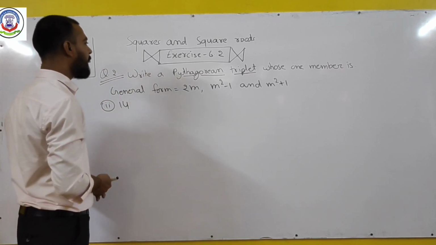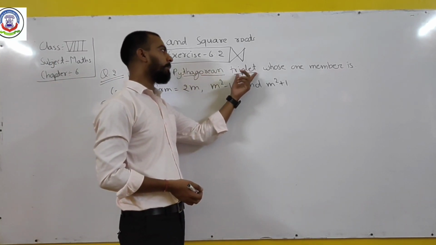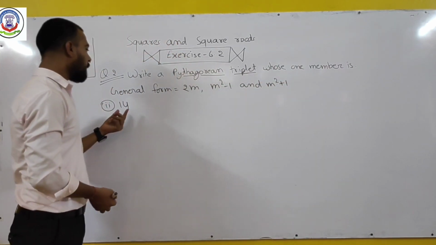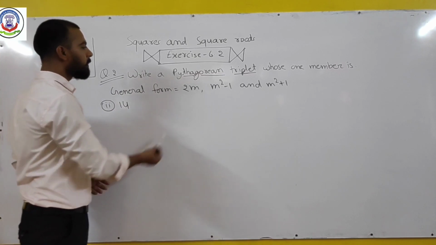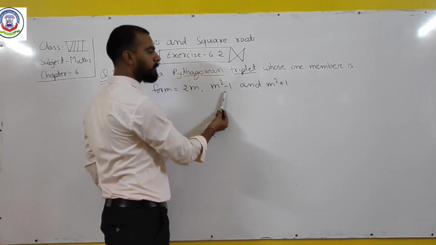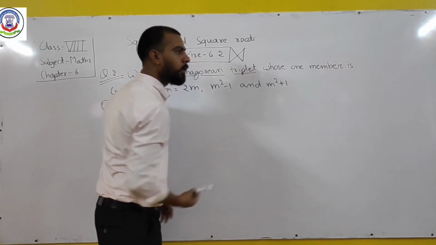We have to write the Pythagorean triplet whose one member is 14, and the general form of that triplet is 2m, m square minus 1 and m square plus 1.